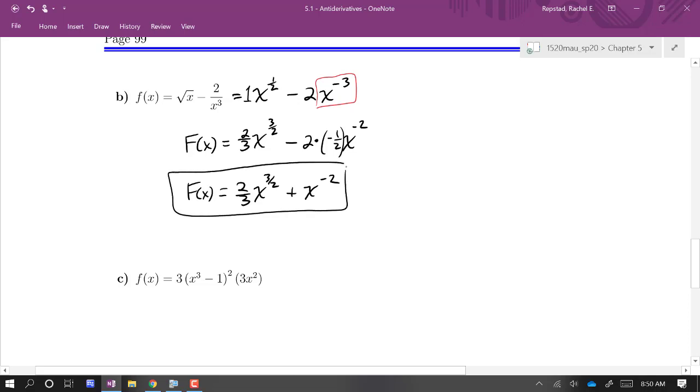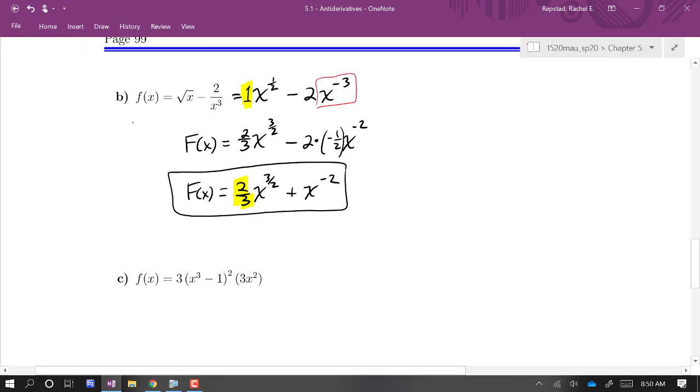So when we're finding antiderivatives, we're doing a couple of things. We're undoing the power rule overall, but that means we have to do two things. We're going to add 1 to the exponent, but then we also have to figure out what coefficient in front makes sure that I end up with the desired coefficient after I take the derivative.